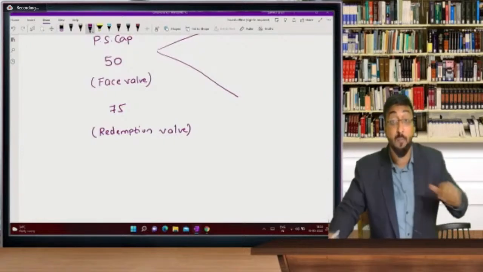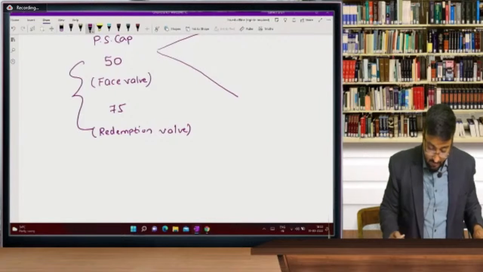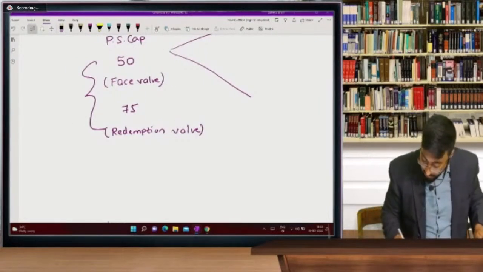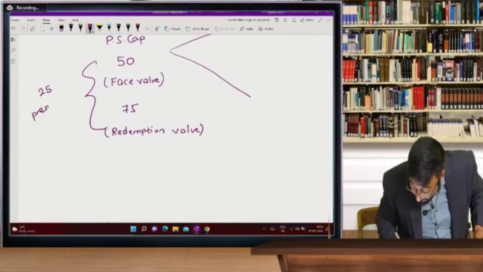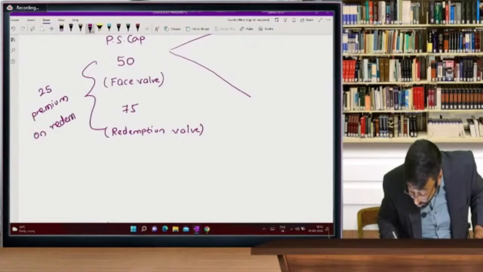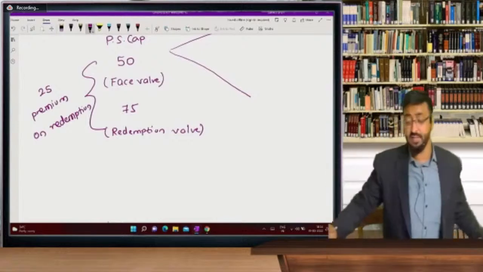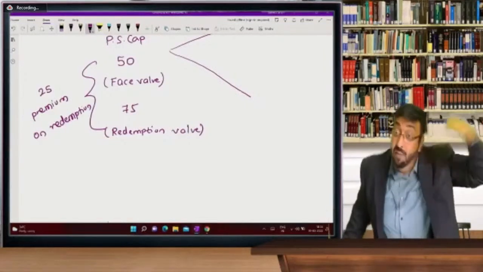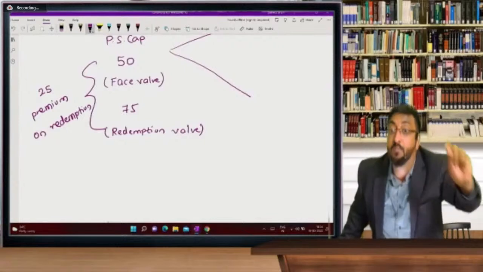So this difference of 25 rupees is called premium or excess amount on redemption. Sir, this 25 rupees is the excess amount I am paying, more than 50 rupees, and it is called premium on redemption.